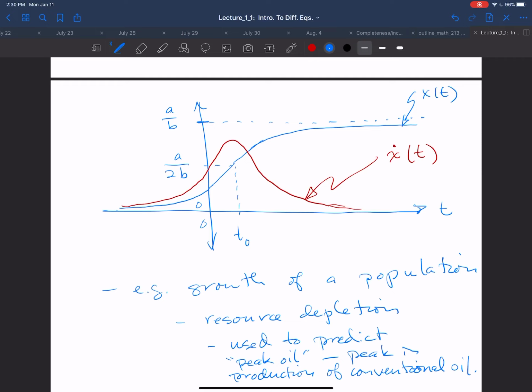This can be used to model various phenomena. So those are just a couple of examples.